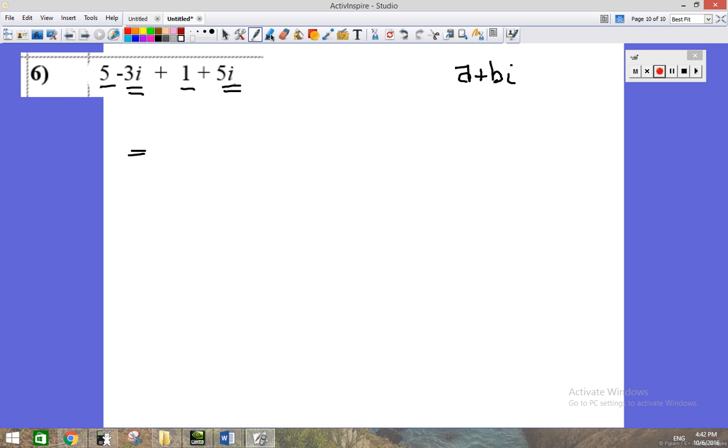I can think of that problem like that, and I'll get the correct answer. I won't have a problem at all. 5 plus 1, 6. Negative 3i plus 5i, or 5i minus 3i, might be a way to think about it. 6 plus 2i.